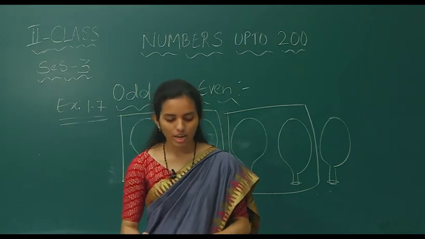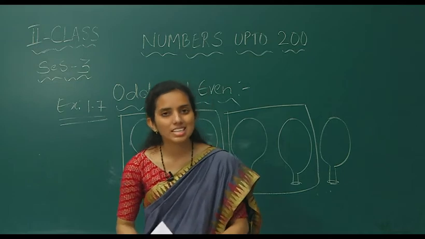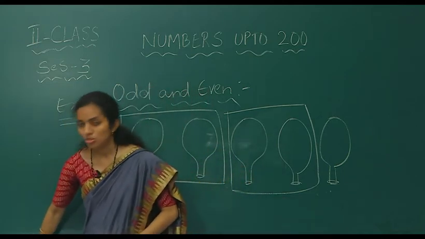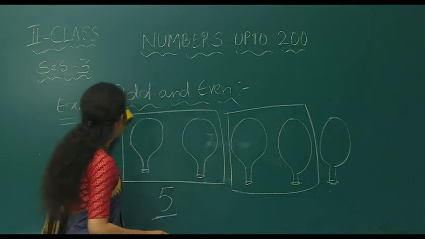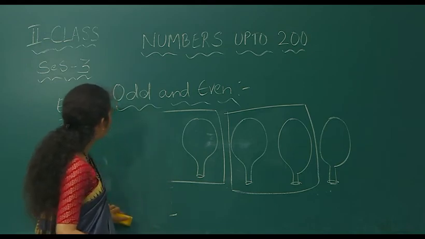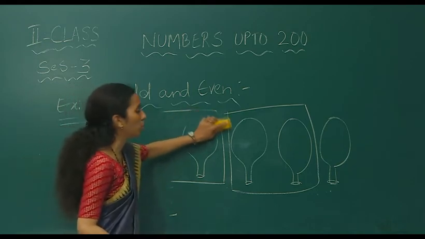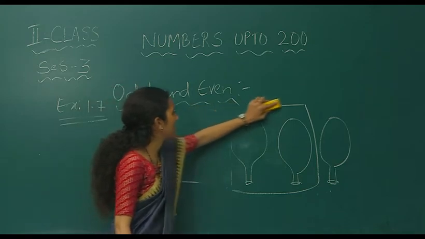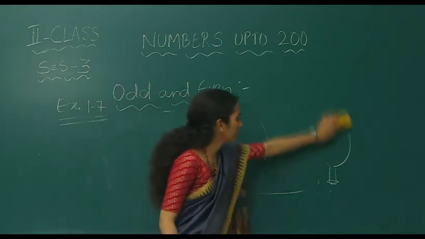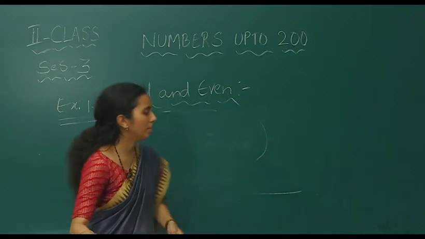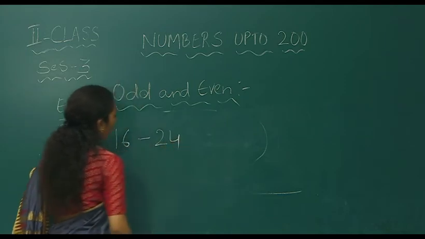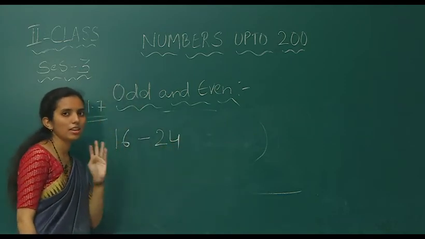Second question, write all the even numbers between 16 and 24. This is very easy. What is the principle to write even numbers? The numbers which have 2, 4, 6, 8 in the last place are even numbers. So between 16 and 24, what are the numbers? 16, 17.